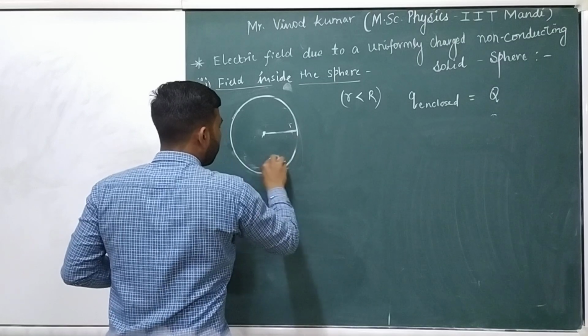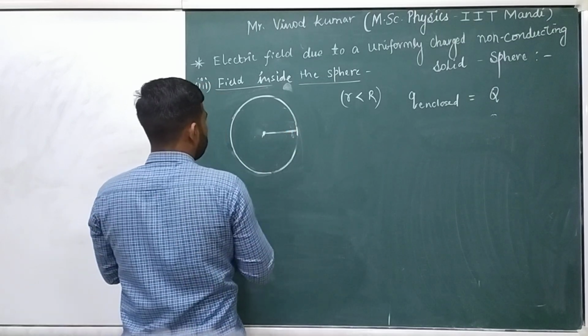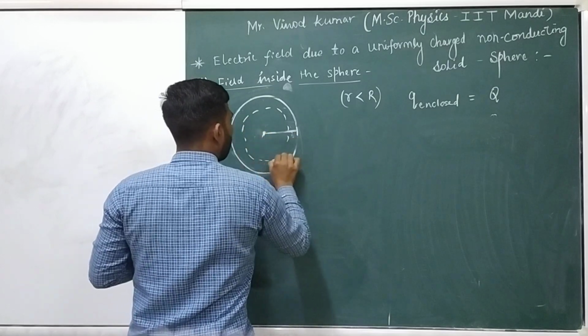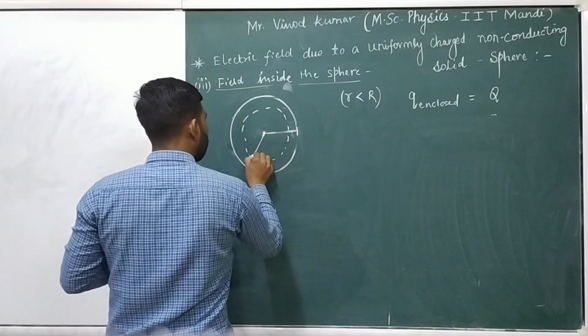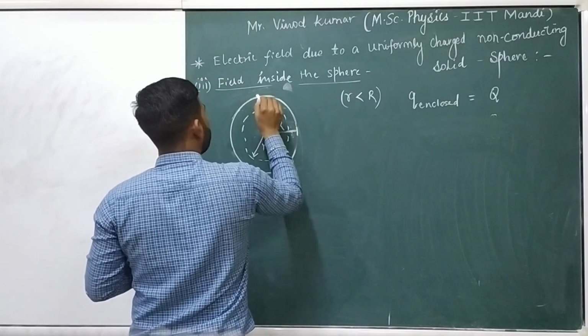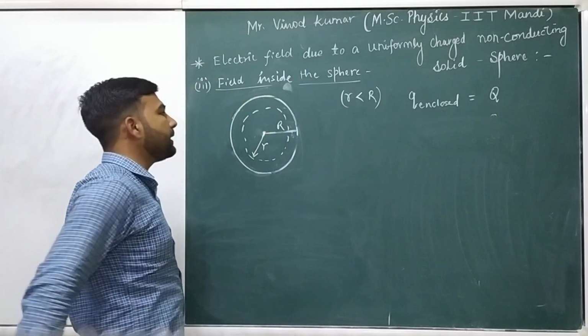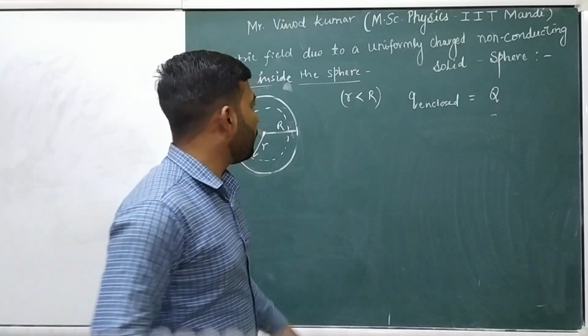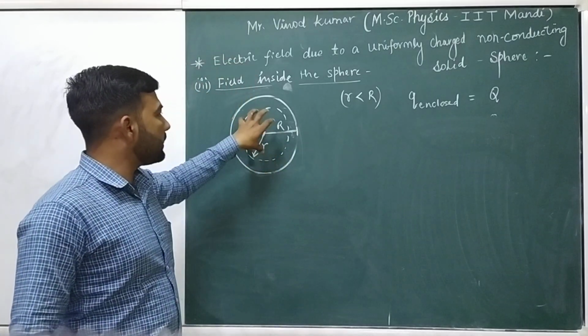It will look like this. This is the imaginary sphere which we are taking this time, and the charge is Q, the total charge on this bigger sphere. Now our task is to find out what will be the charge enclosed in this smaller sphere.